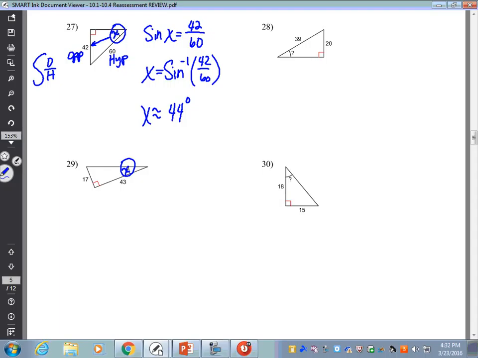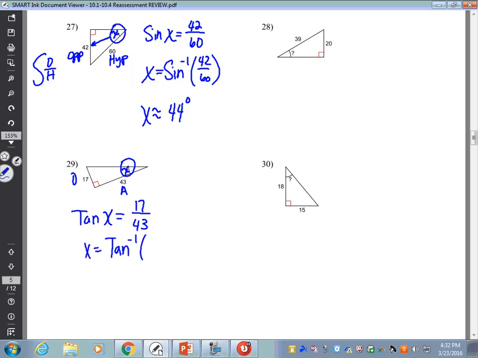17 would be opposite. We're just going to put an O for opposite. You can abbreviate if you need to. 43 is the adjacent. What trig function is dealing with the opposite and adjacent? That is tangent. So the tangent of the angle x equals opposite, which is 17, over adjacent, which is 43. So x is equal to the tan inverse.